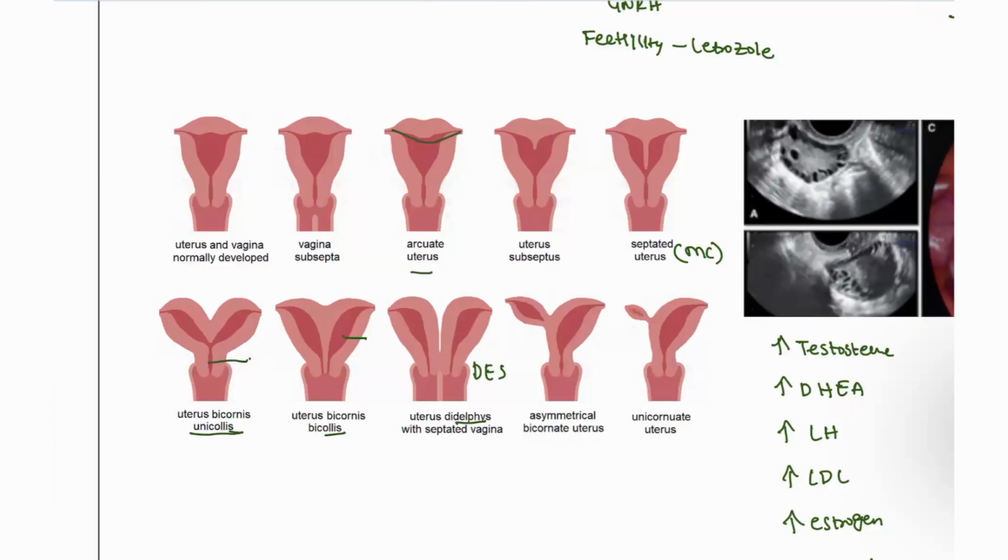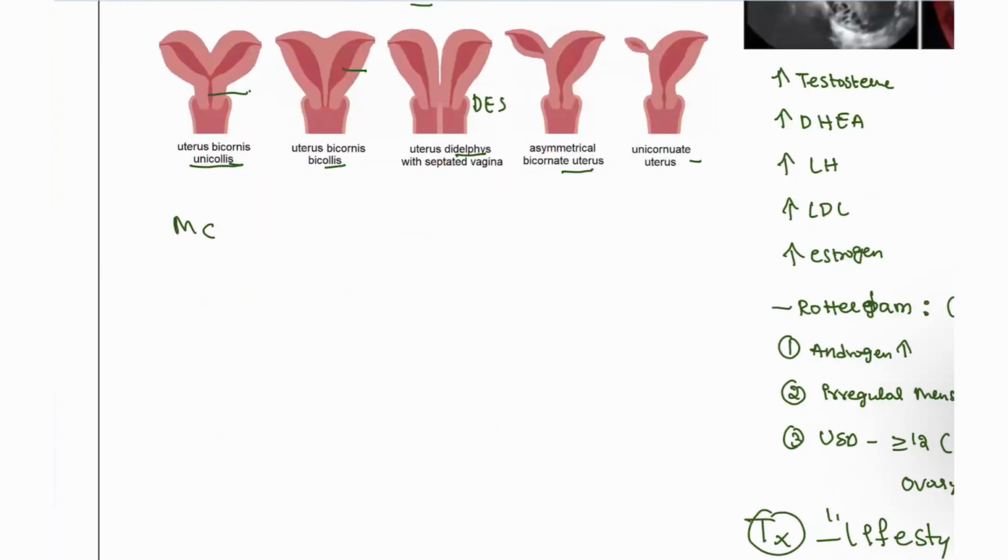Next, this is asymmetrical bicornuate, and this is only a unicornuate uterus. So the important points: the most common uterine anomaly overall is septate, and it is most commonly associated with abortions like second trimester loss. These are the two points that you have to take note of.